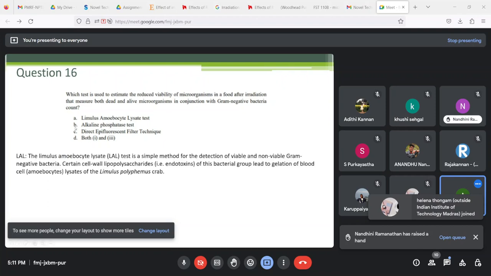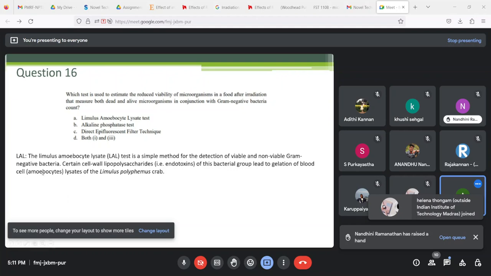So in the Limulus amoebocyte lysate test, also known as the LAL test, the LPS or cell wall of the gram-negative bacteria have the ability to gelate the blood cells of a crab known as Limulus. So the blood cells of the Limulus crab are taken, and when you deal with a food that has a lot of gram-negative bacteria, the LPS present in the gram-negative bacteria will cause the gelation of the blood cells.